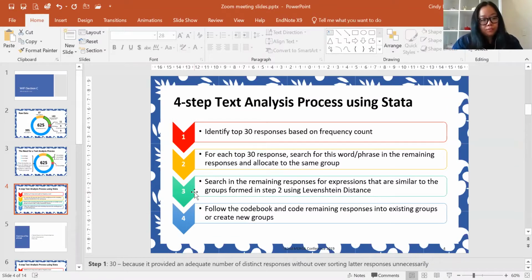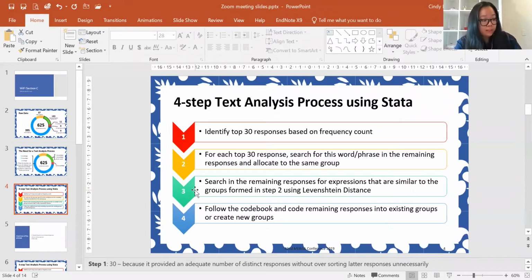After step 3, we have sorted about 36% of the responses. It may sound a bit low, but you have to keep in mind that most of the responses we collected are very different. They're qualitative data, so they are very wide and dispersed, giving us a wide range of values.